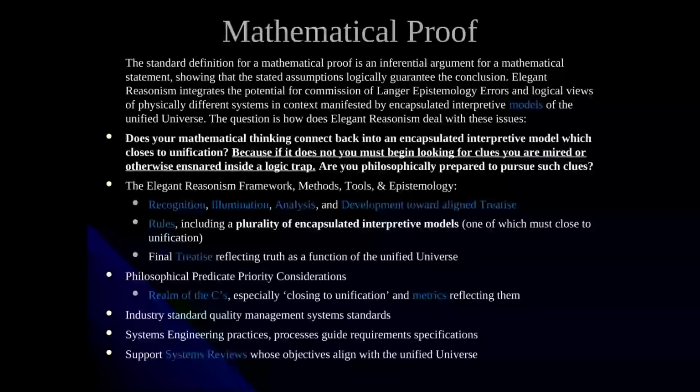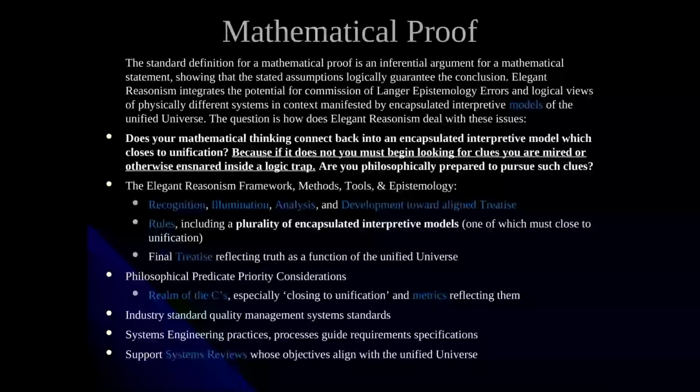So what is a mathematical proof? Traditionally, the standard definition for a mathematical proof is an inferential argument for a mathematical statement showing that the stated assumptions logically guarantee the conclusion. What Elegant Reasonism brings to the table is the framework to do the same thing, but with a plurality of encapsulated interpretive models against a given set of paradigms of interest.